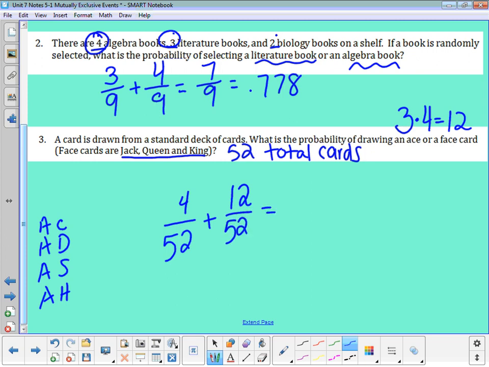Let's add those together. 4 plus 12 is 16 over 52. Now we can turn that into a decimal and reduce the fraction. 16 divided by 52 reduces to 4/13, and that's the same as 0.307. So that's your probability for getting a card.